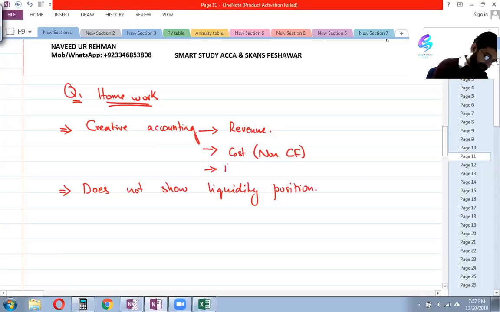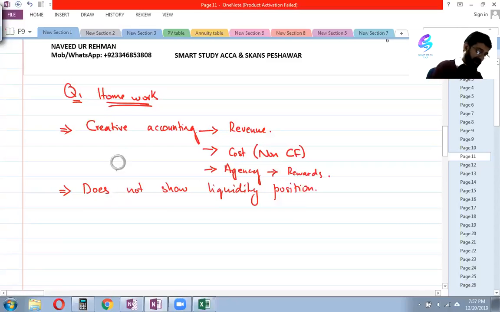You can also talk about agency. In agency, we can say that the director or the manager is doing something in his best interest rather than the best interest of the company. So the agency would mean that he will try to do the creative accounting in order to get the rewards. And then the second one, it does not show you the liquidity position.